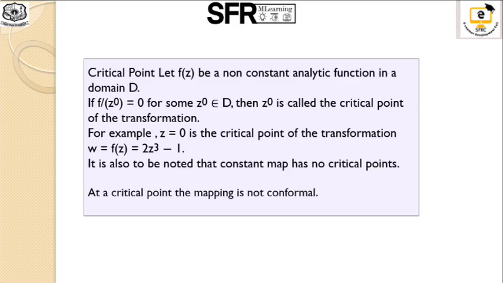For example, z equal to 0 is the critical point of the transformation w equal to f of z, where f of z is 2z cube minus 1. It is also noted that a constant map has no critical points. At a critical point the mapping is not conformal. This is one important point of conformal mapping.